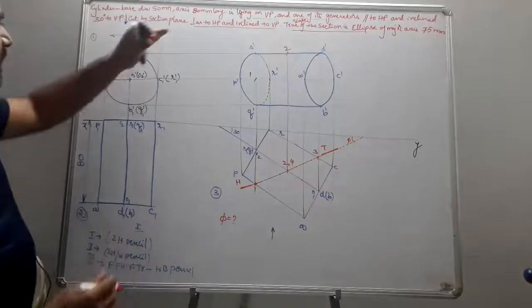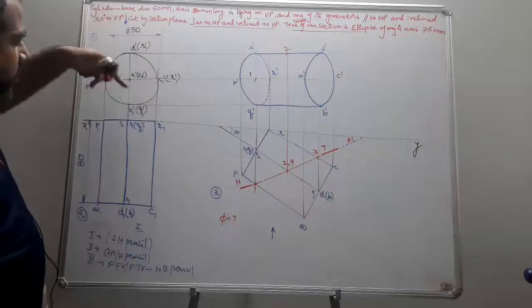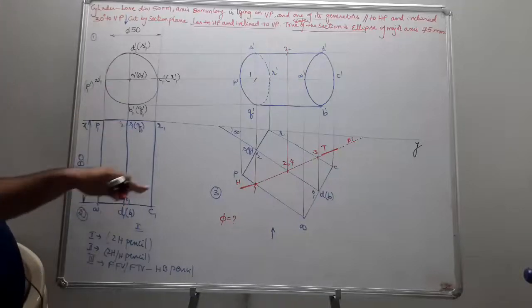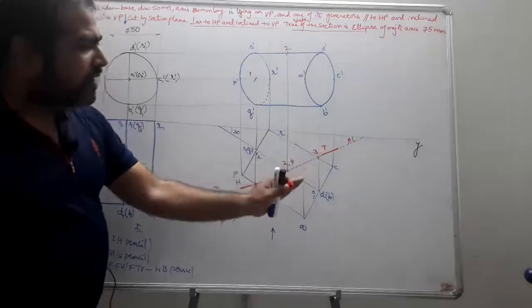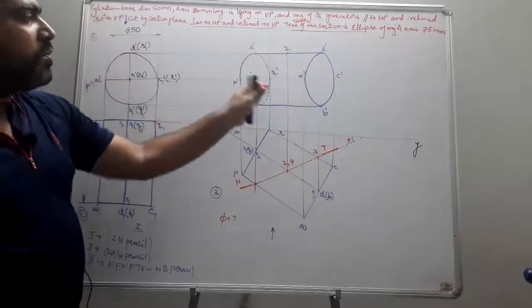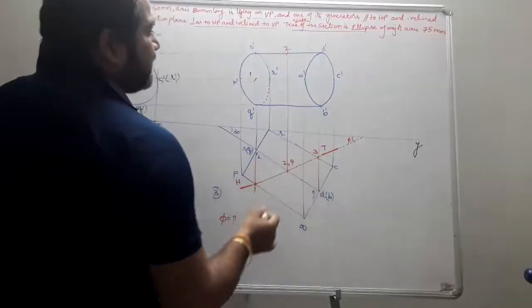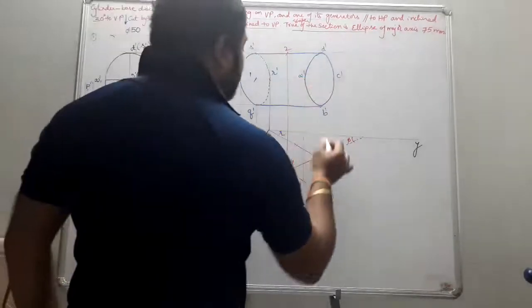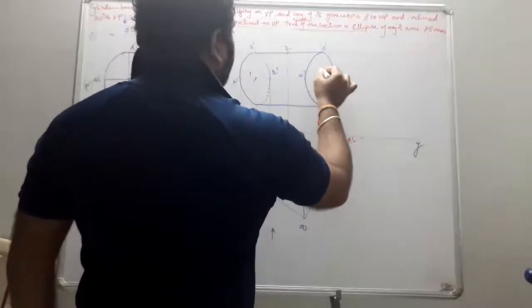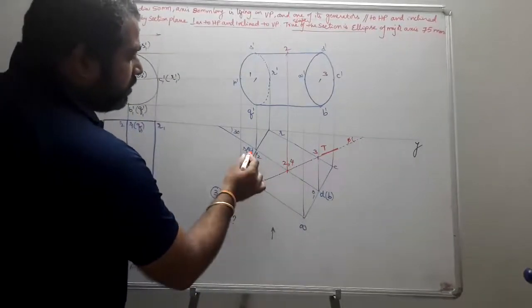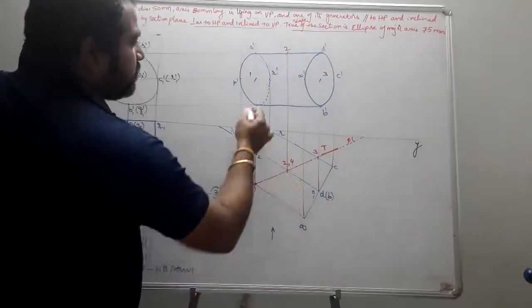So previously here is the cutting plane. From top you are going to obtain the true shape here. Here the cutting plane is going to be below XY. The section view is going to come on front. Next, the 3 point is on RC. So this was your RC. Somewhere it will be obtained here. This becomes your 3. Next, 4 point is on QB. So this was your QB.